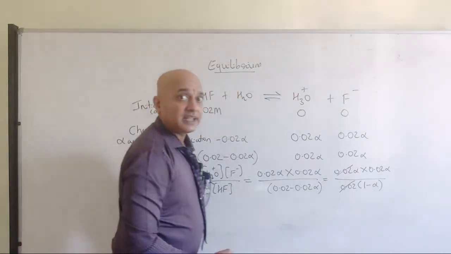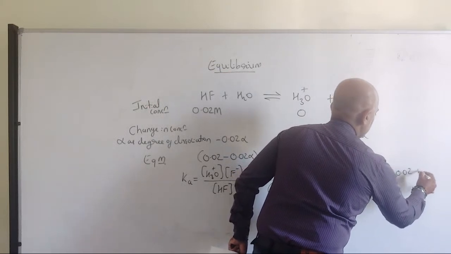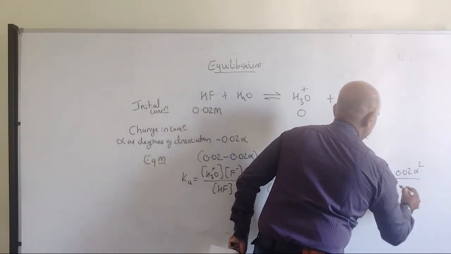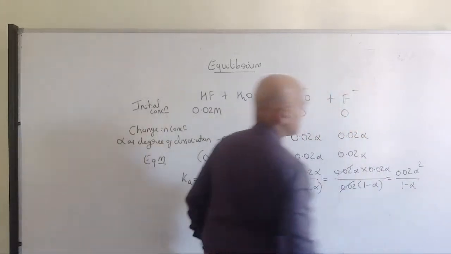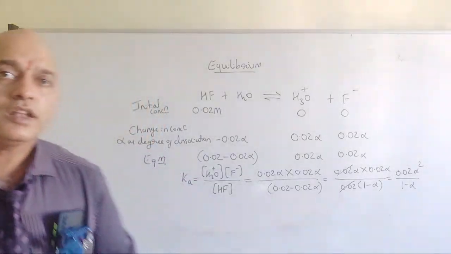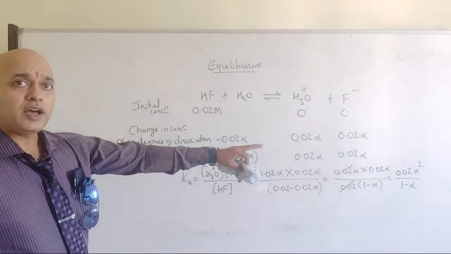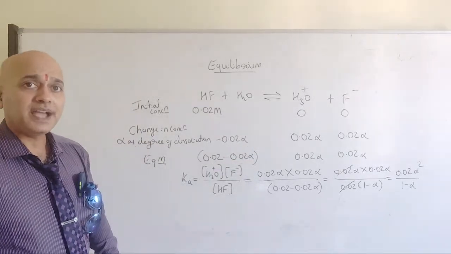Therefore I can write it as 0.02 alpha square divided by 1 minus alpha. All of you got the point? Any doubts up to here? All of you have written? So 0.02 alpha square divided by 1 minus alpha.